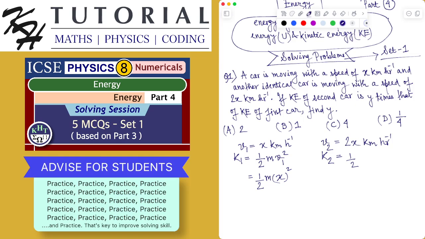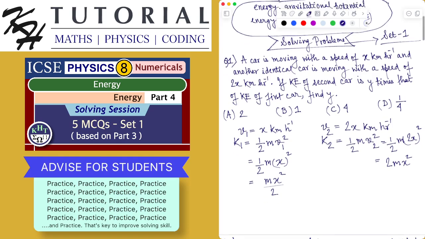So the kinetic energy of the first car is half m x square, this is m x square by 2, and the kinetic energy of the second car is half m v2 square, this is half m into 2x whole square, which after simplification will be 2m x square.